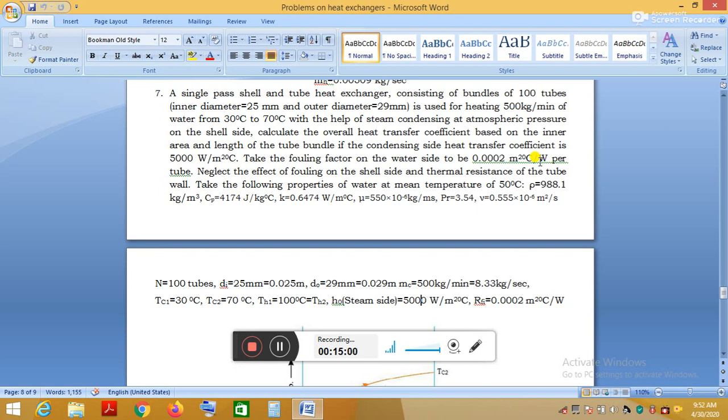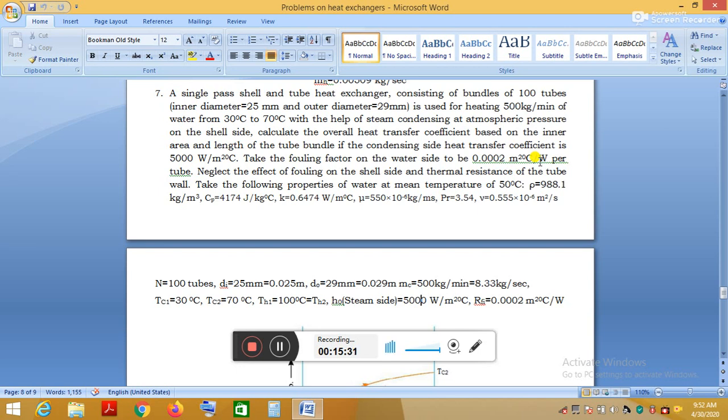These impure particles which are adhered to the inner surfaces of the tubes offer resistance for the flow of heat between the two fluids, and the resistance offered by these impure particles is called the fouling factor.